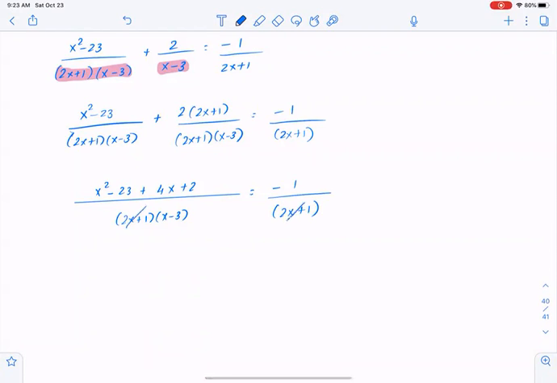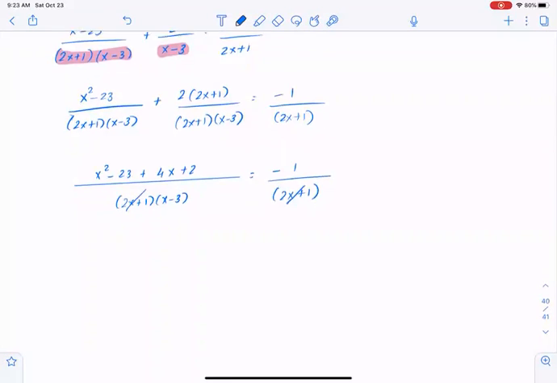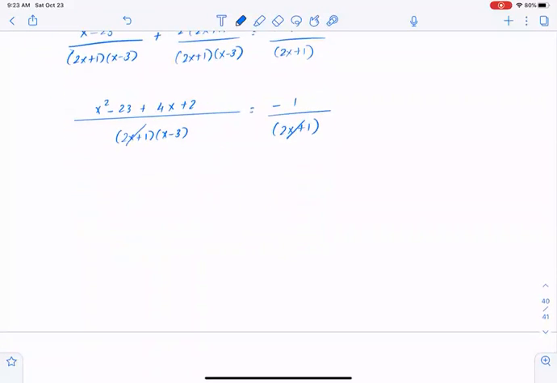The 2x plus 1 will get cancelled. And we are left with x squared plus 4x minus 23 plus 2 is minus 21, divided by x minus 3, which is equal to negative 1.